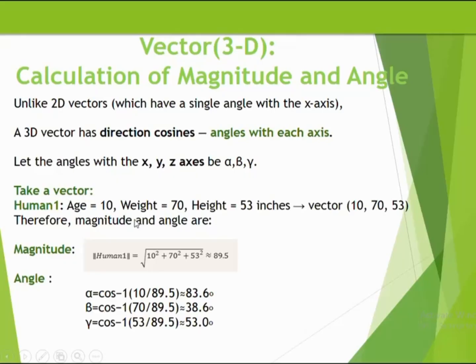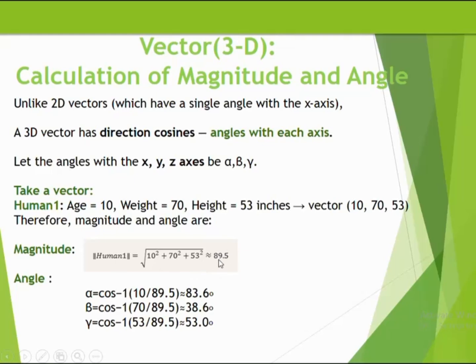Human one has an age of 10, weight of 70, height of 53 inches. Then the vector will be represented mathematically this way. The magnitude will be calculated as the square root of 10 squared plus 70 squared plus 53 squared, which is around 89.5.